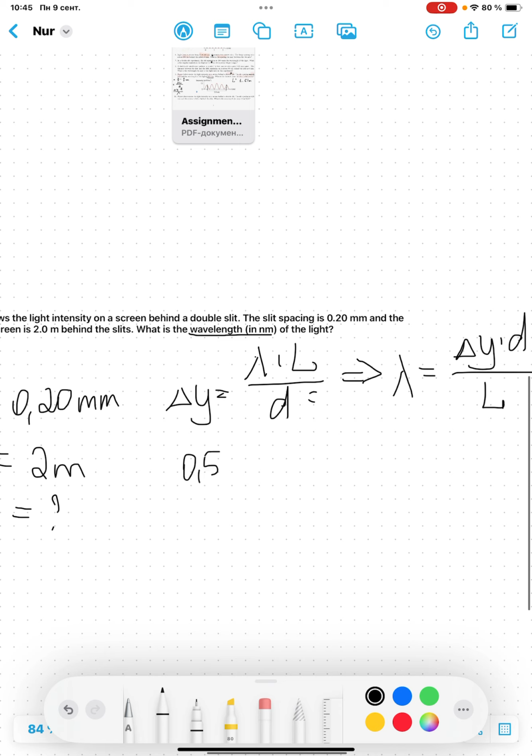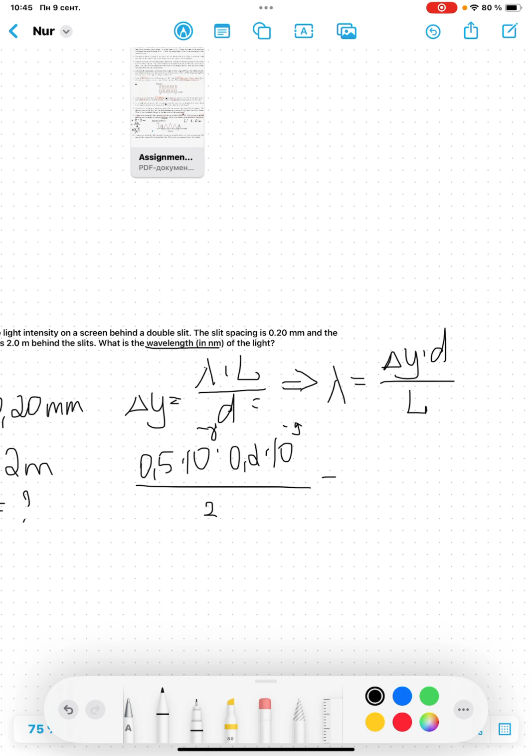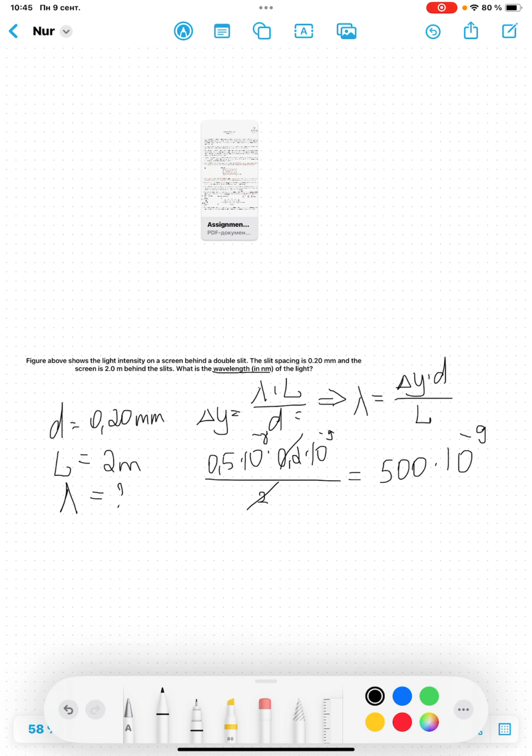It will be 0.5 times 10 to the minus 3 times 0.2 times 10 to the minus 3. I'm sorry for my mistake here, and also we can express this one. We must find the nanometers, so I will convert 0.5 to 500 times 10 to the minus 9. Okay, minus 9 exactly, and it will give us nanometers.